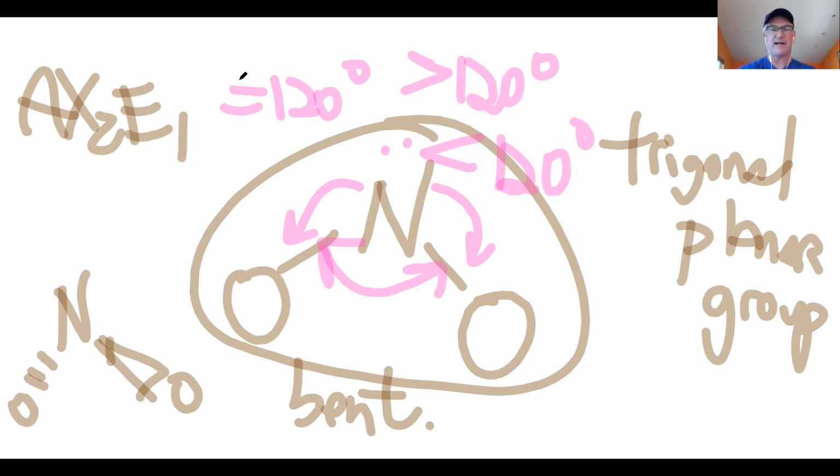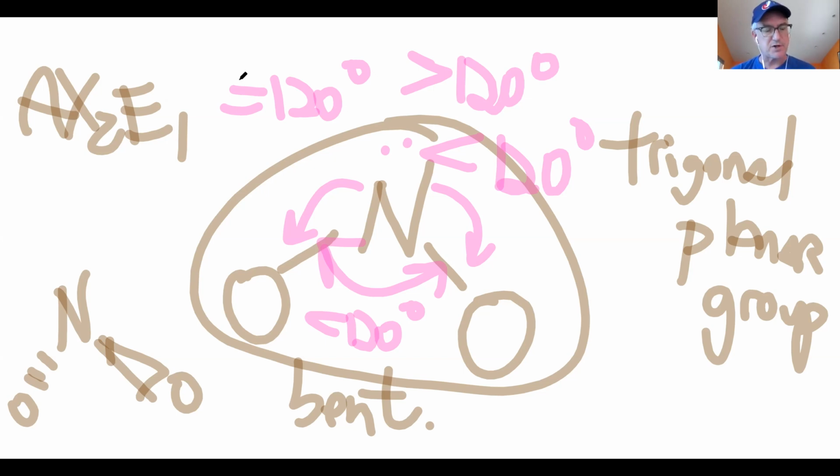I don't know how much slightly. I don't know what it is precisely. It's less than 120 degrees. Again, you do not need to know. You can look it up if you want, but you just need to know whether it's more or less, and why. That's the key. So that pretty much answers it.